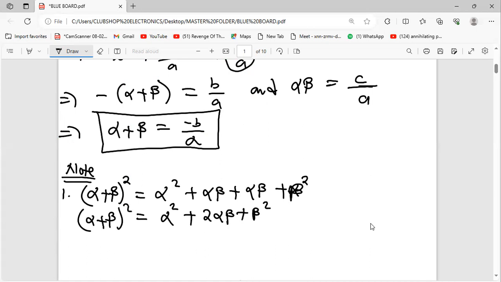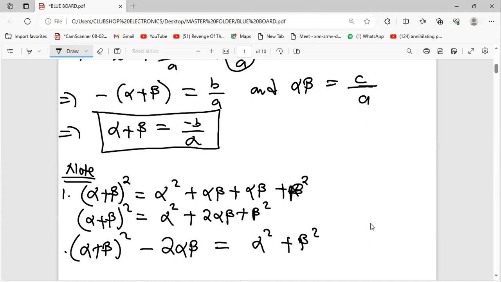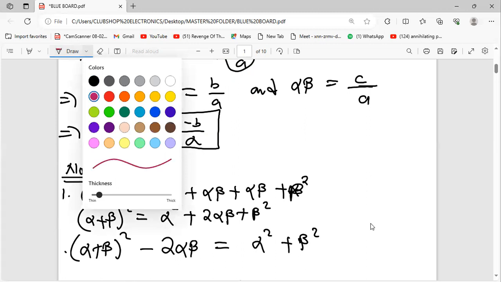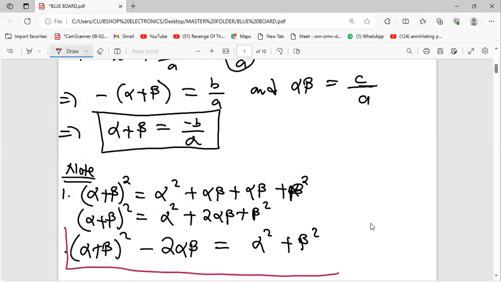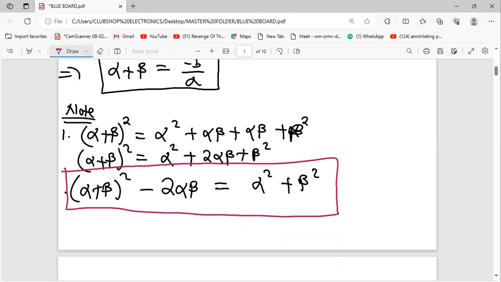Implying that if you want to find alpha squared plus beta squared, it's alpha plus beta squared minus 2 alpha beta. This one you also need to know. It's very easy for you to have that kind of expression.